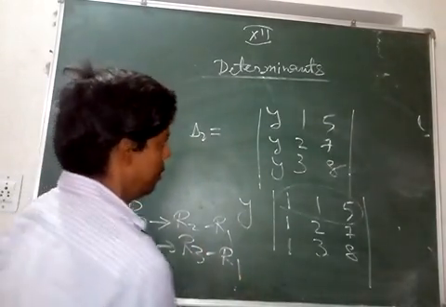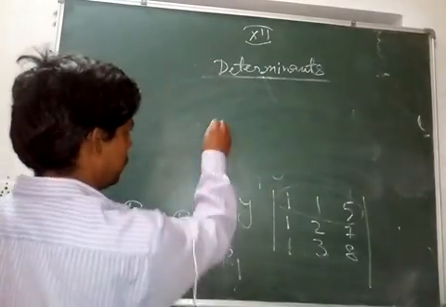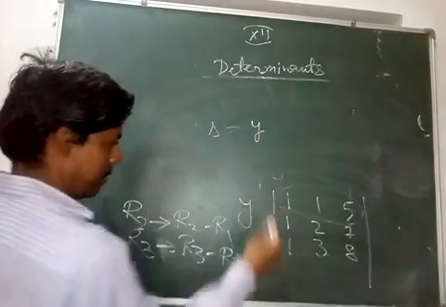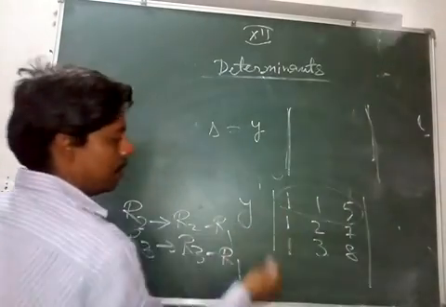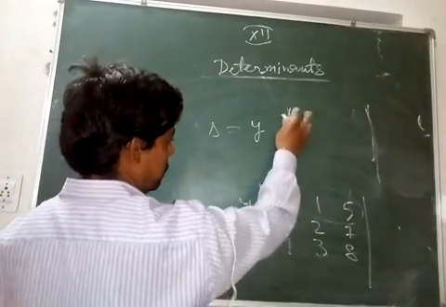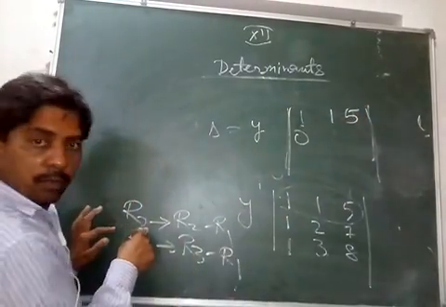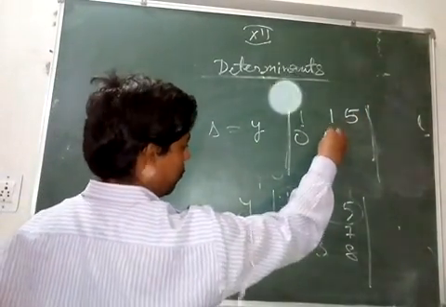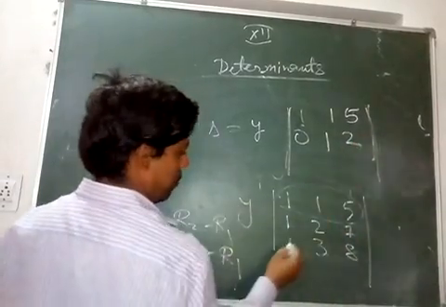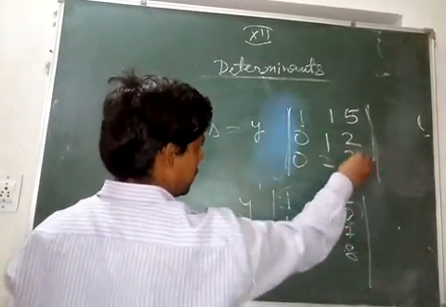Let's see what delta 2 will become. Delta 2 will become y, and this is our R2. So 1 minus 1 is 0. First row will remain as it is because we are doing R2 minus R1. 1 minus 1 is 0. 2 minus 1 is 1. 7 minus 5 is 2. 1 minus 1 is 0, 3 minus 1 is 2, and 8 minus 5 is 3.